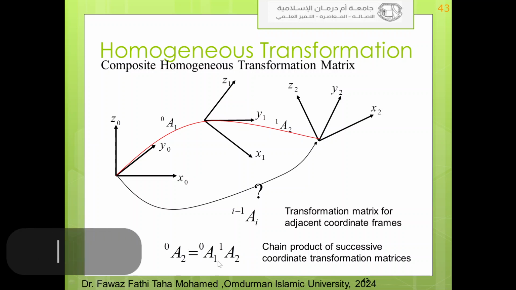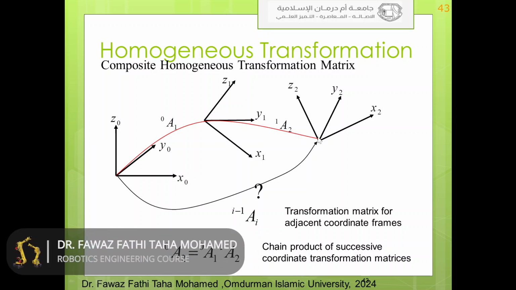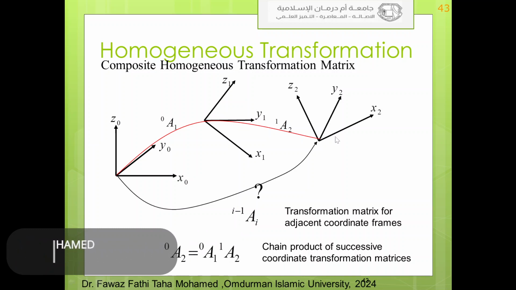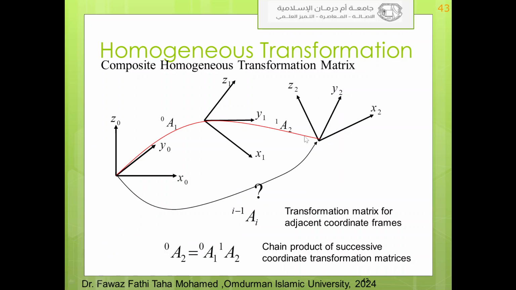If I want to find the relationship between the reference frame 2 with respect to 0, I just have to multiply A21 with A10, a chain product of successive coordinate transformation matrices. Okay, this is the common case.